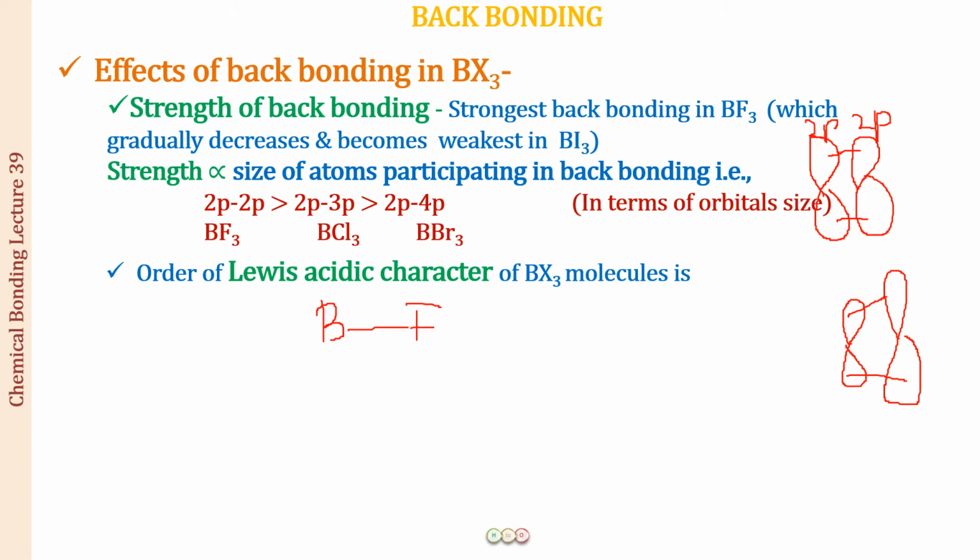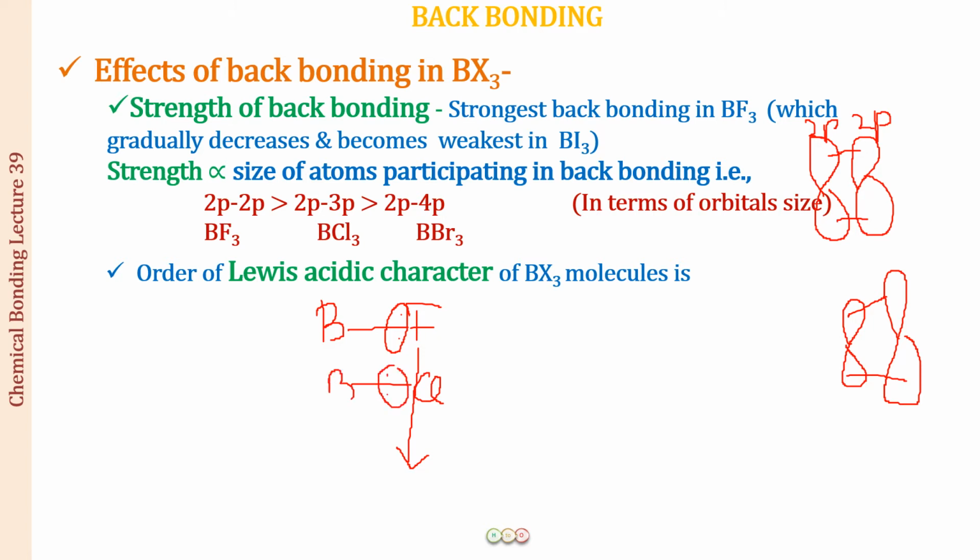So here we have the shared pair moving first of all towards fluorine, because fluorine is the most electronegative, and as we move down the halogens, the electronegativity is decreasing, and hence we can say that for chlorine, the electron pair is going to be less towards chlorine, right?